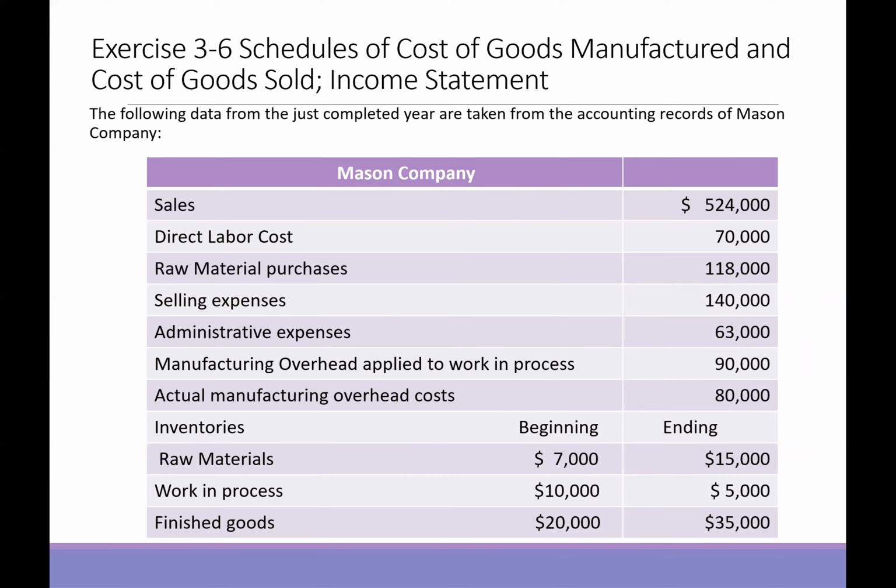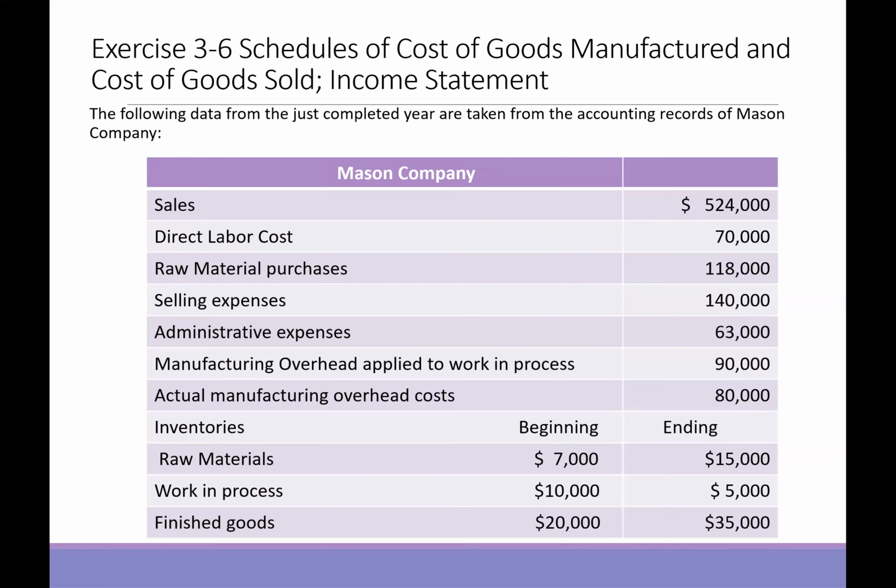So it gives us direct labor cost, raw material purchases, selling expenses and admin expenses, manufacturing overhead applied to work in process, actual manufacturing overhead costs, and our inventories. Now, right away, I'm going to tell you, administrative expenses are not going to be a part of our cost of goods manufactured or cost of goods sold schedules. That goes straight to the income statement.